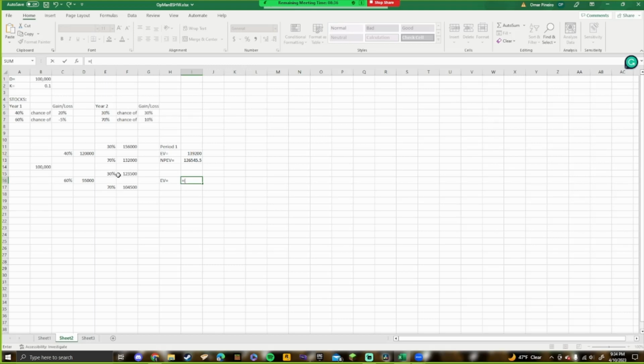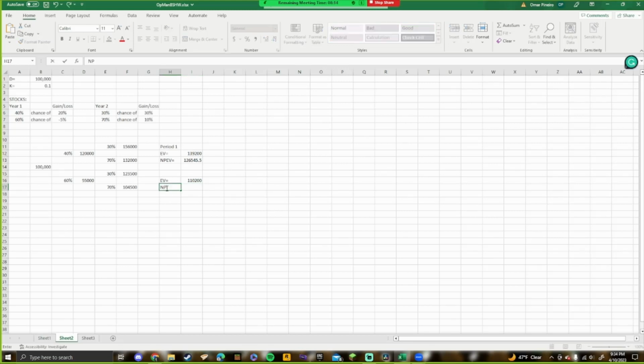So you open the parentheses, 30% times that end value plus 70%. Well, actually, first let me do parentheses. Plus 70% times that end value. Boom. That's your EV. And now to confirm. Yep.